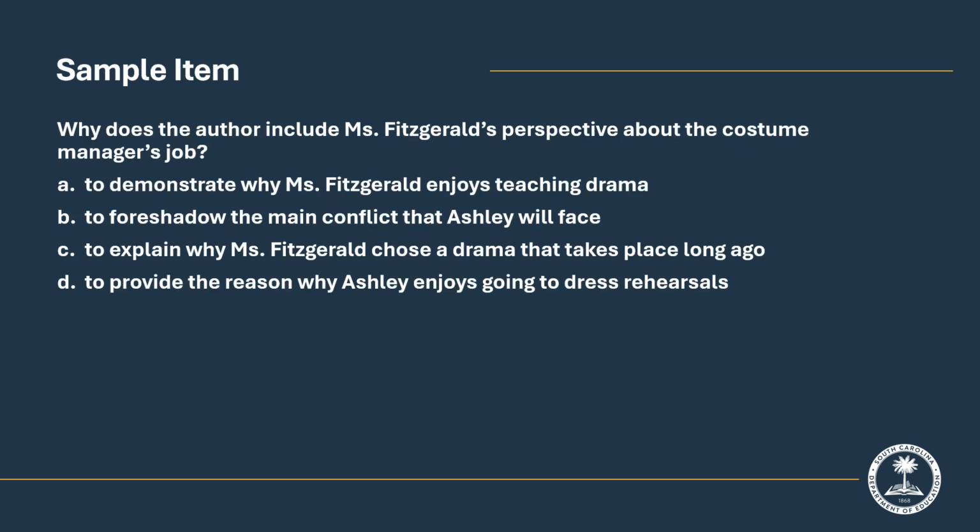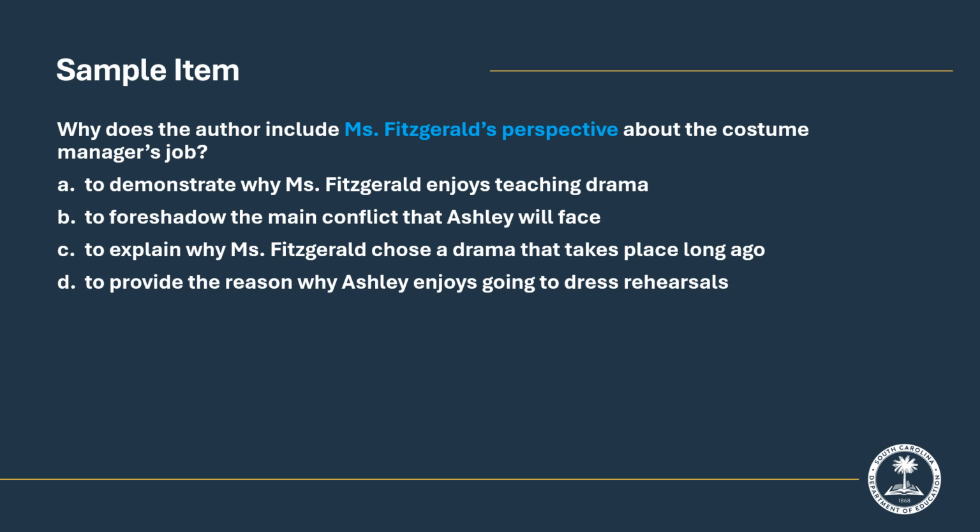So now let's look at a sample item from the English 2 sampler located on our Assessment Quick Links for Teachers webpage. This question is asking about a character's perspective, which is part of AOR 3.1. However, this item was originally written for the 2015 standards.